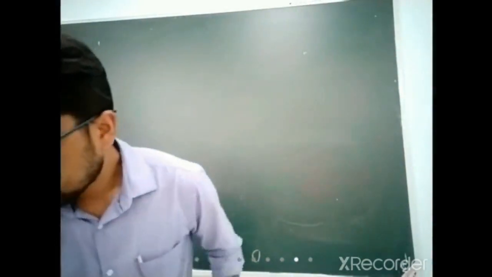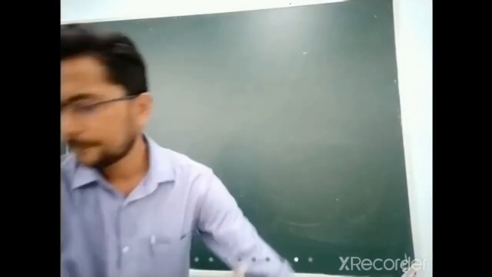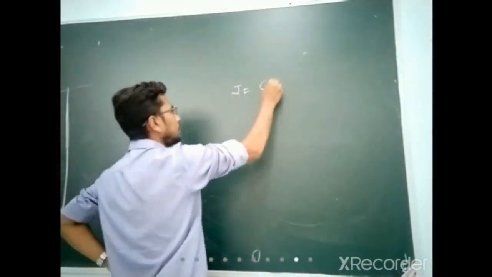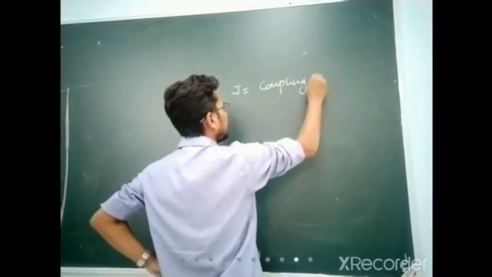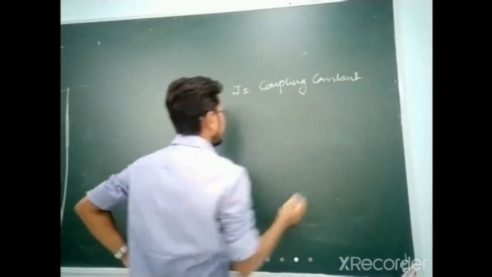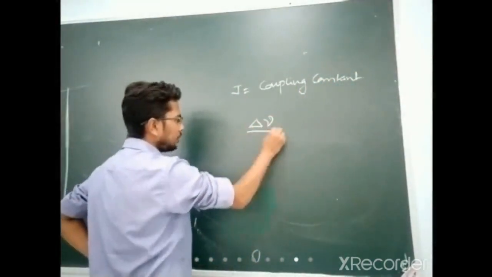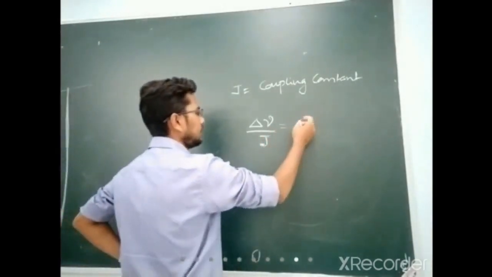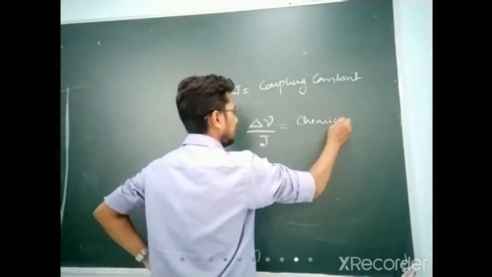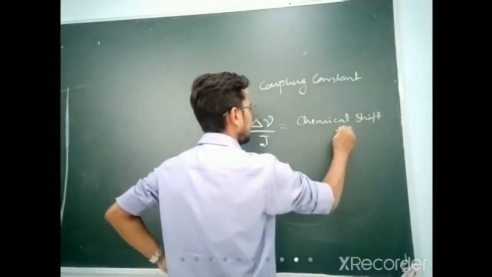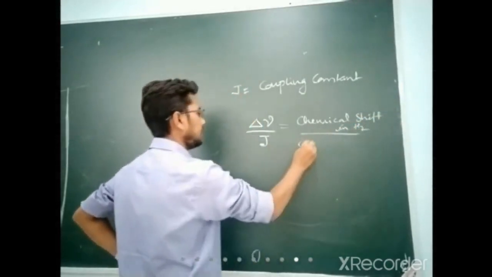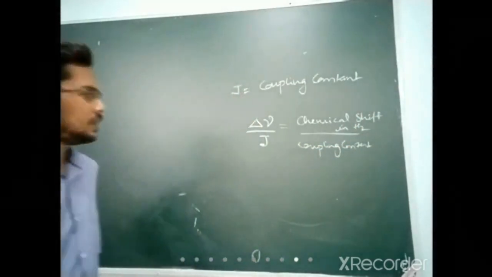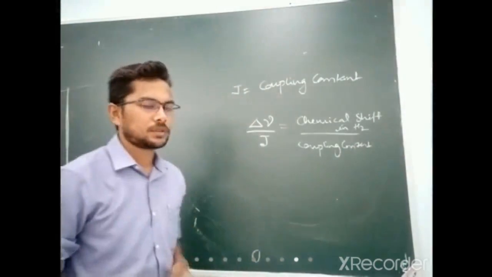Another thing that I wanted to say to you was, J is your coupling constant. Now there is a term called delta nu by J, where delta nu is your chemical shift in hertz, and J is the coupling constant.